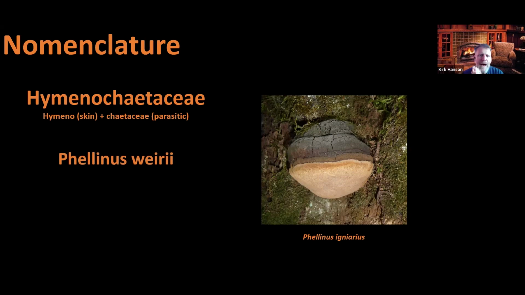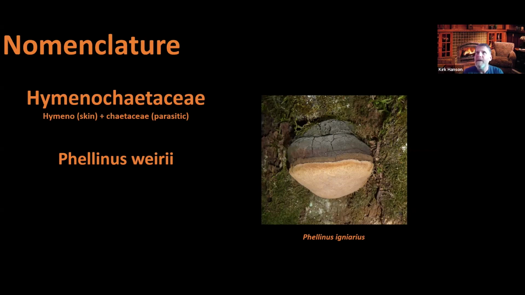For those of you that are familiar with laminated root rot, if you go back a ways, we commonly referred to this by its former name of Phellinus weirii. If you talk to a lot of old time foresters, they'll still refer to laminated root rot as Phellinus weirii.